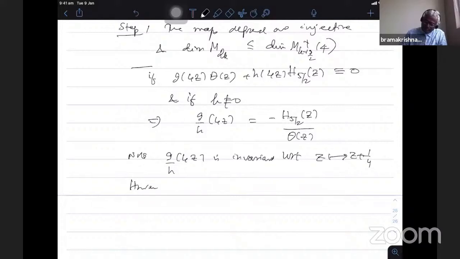this H 5 by 2 of Z by theta of Z, if you look at the Fourier expansion, one can say it has a Q term in that.